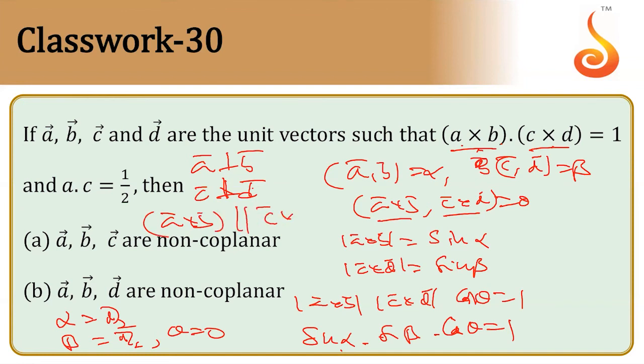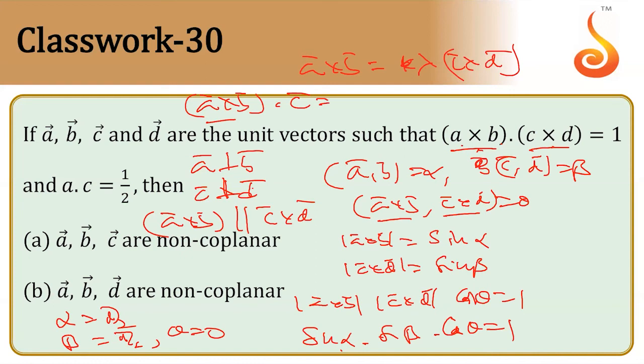Because the dot product is 1, the angle is 0. Yes. A cross B is parallel to C cross D. So A cross B equals lambda times C cross D. Now take A cross B dot C, that is box ABC.